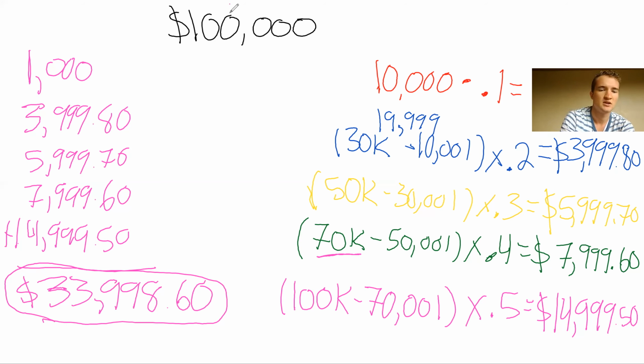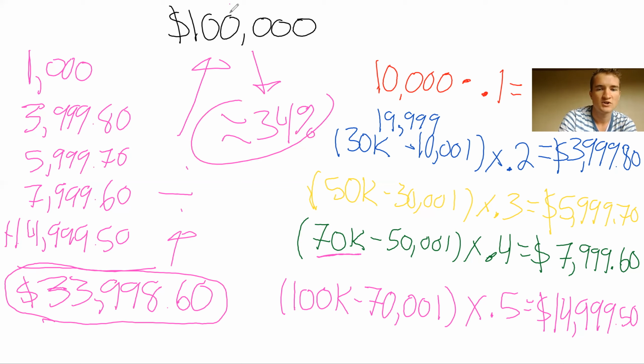In this case, we divide $33,998.60 by 100K, and that should give you an average tax rate of about 34%, which makes sense. If you take 10%, 20%, 30%, 40%, 50%, and take the average of that, you're going to come somewhere in the middle. Obviously, since that last segment isn't equal to the other ones, it should be slightly above just the middle of those numbers. But that's an easy way to check yourself and see if you're right.